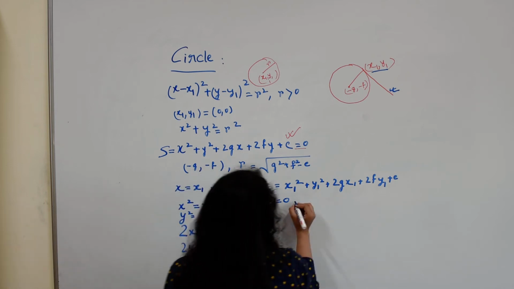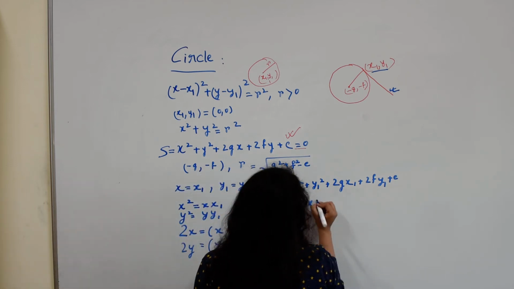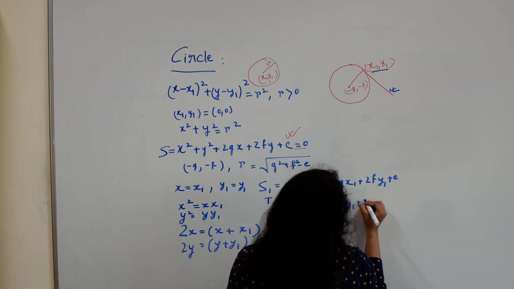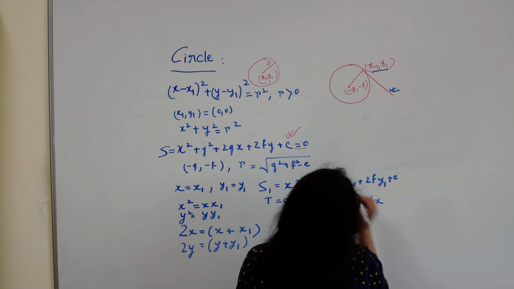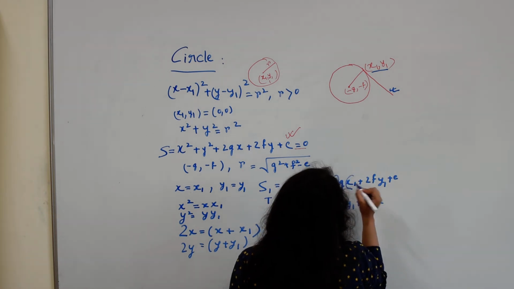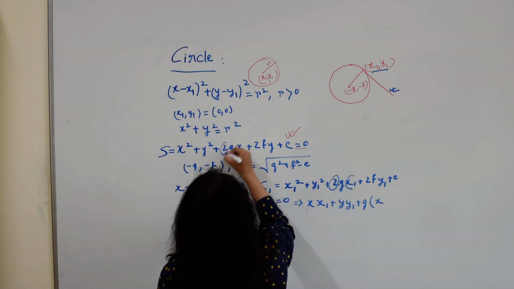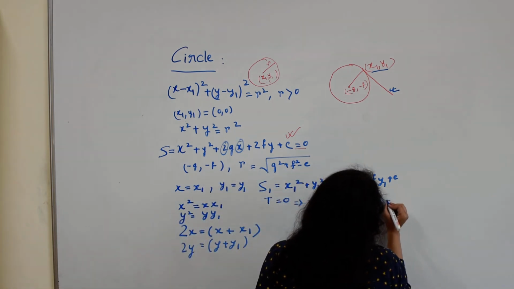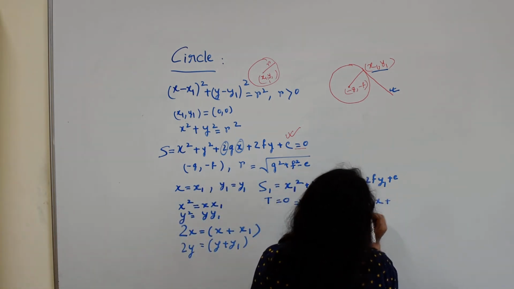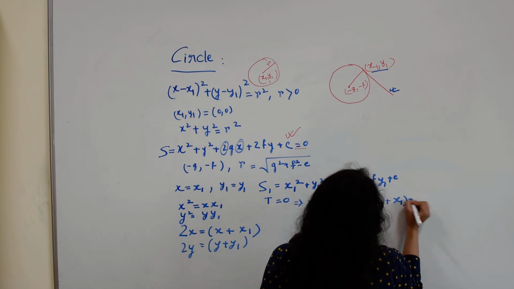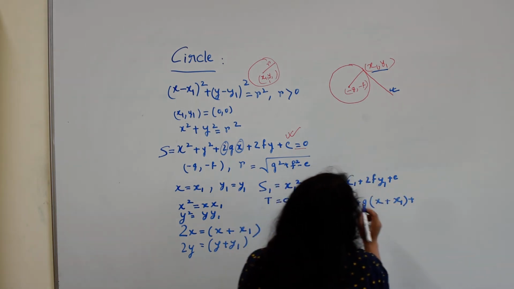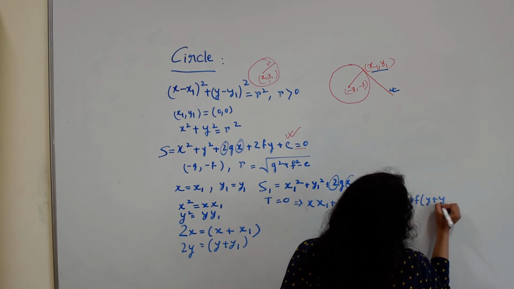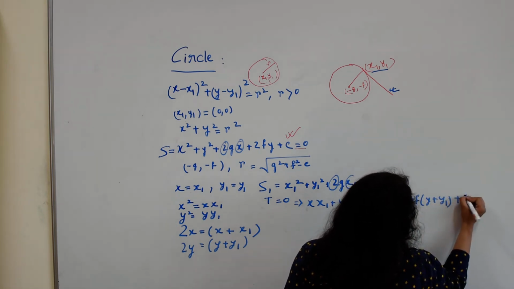So the equation will be x x1 plus y y1 plus g(x plus x1) plus f(y plus y1) plus c, and the constant remains the same.